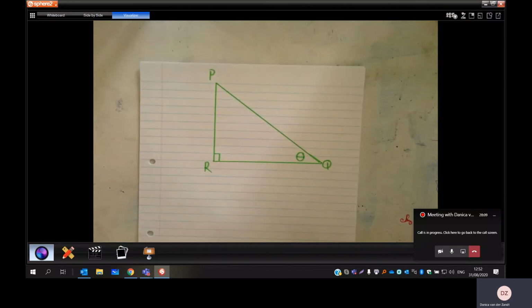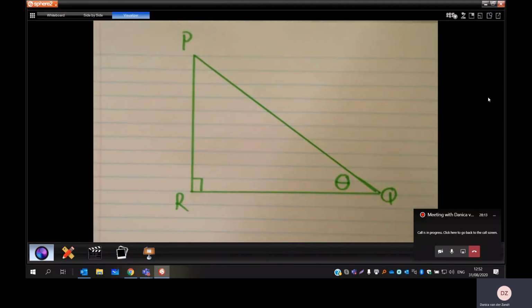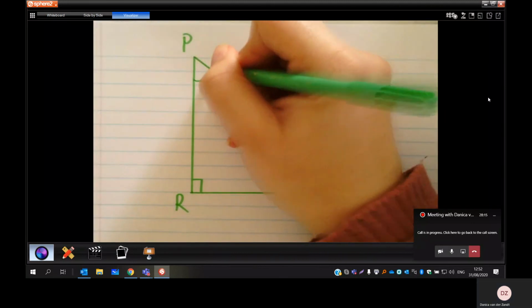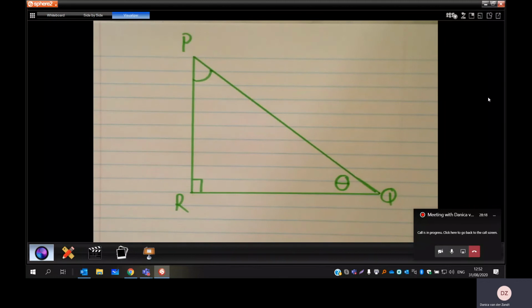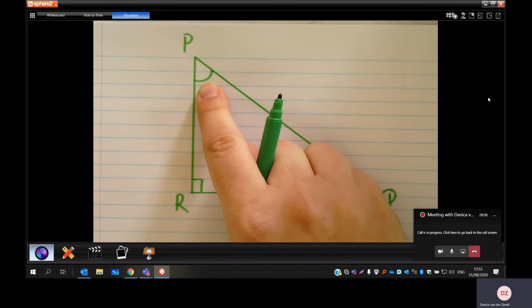So I'm still going to call this theta. I don't need you to write it down. But instead of calling this beta, I want to use theta in that naming. So I know that theta plus 90 plus whatever that is will be 180 degrees.